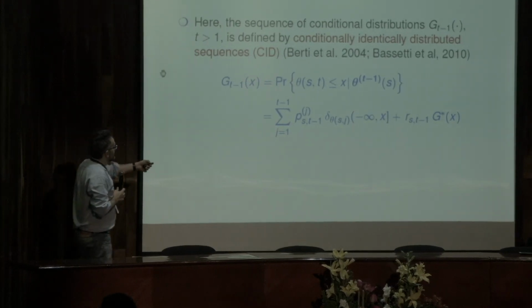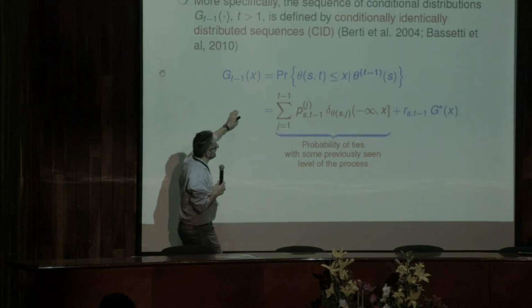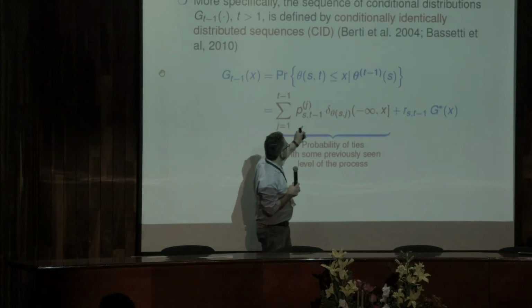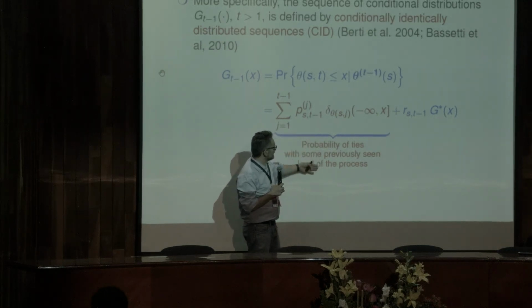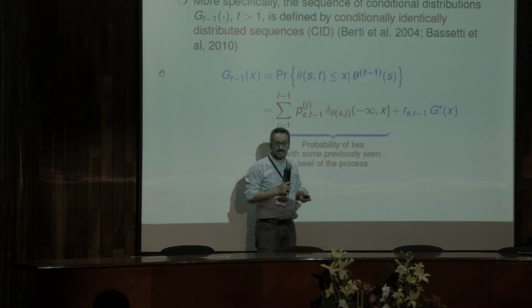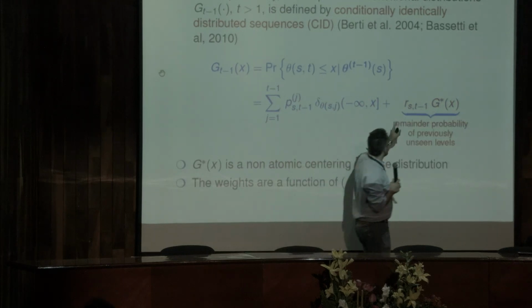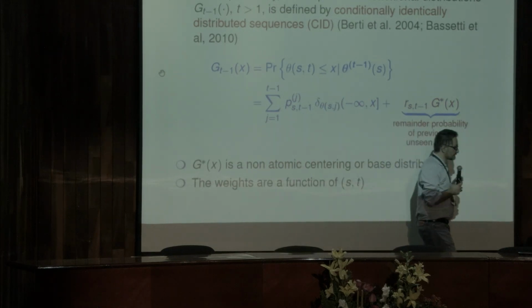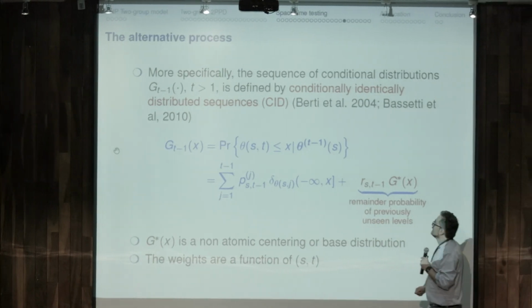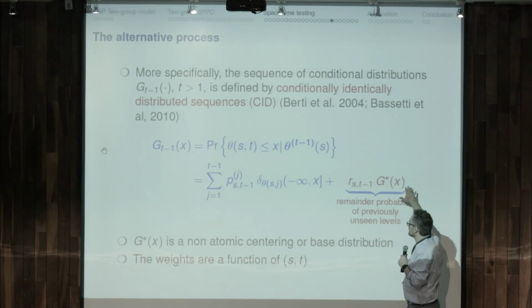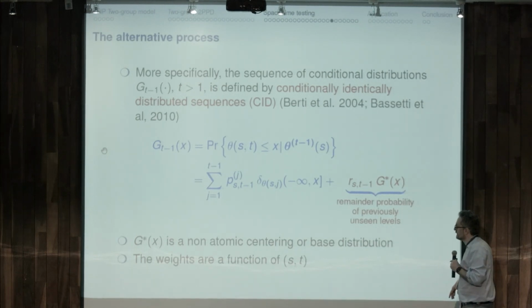But the main point here is that at each time t, we can have some probability of ties with some previously seen levels of the process, or instead, we can get the observation, the realization of a random process at time t, from a previously unseen level generated according to the base measure G star.